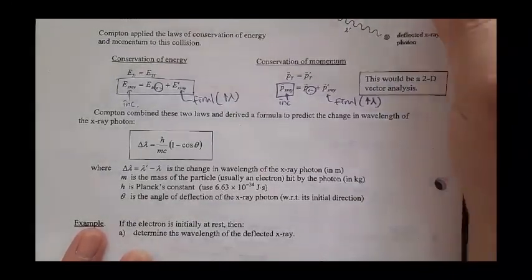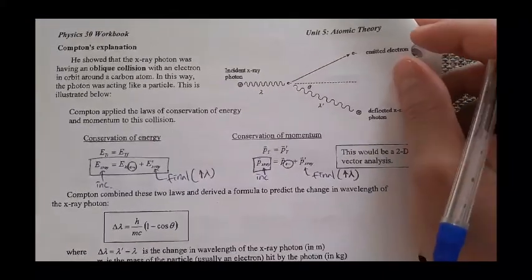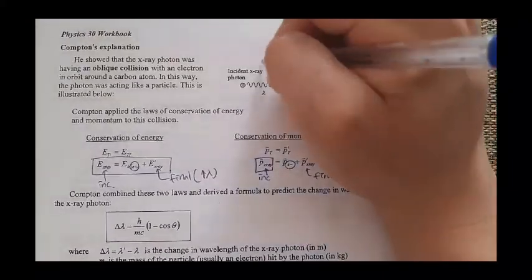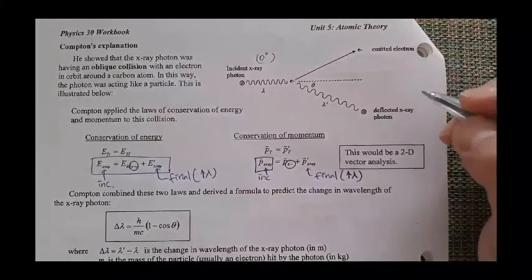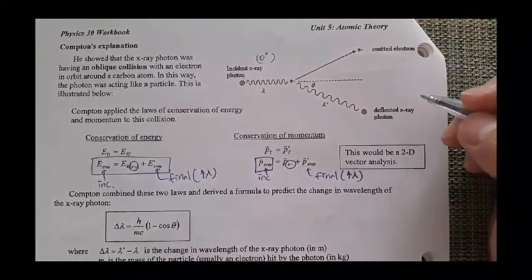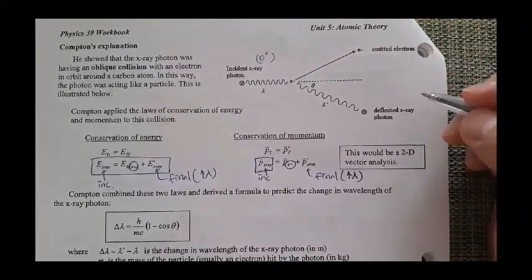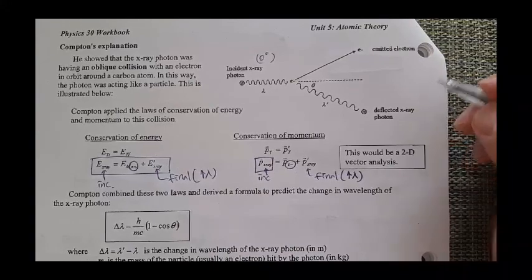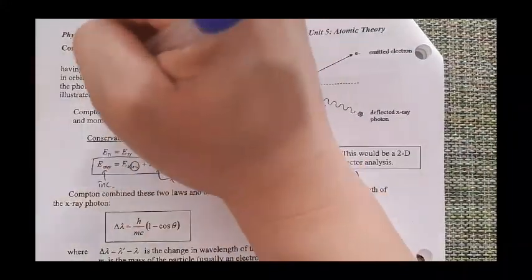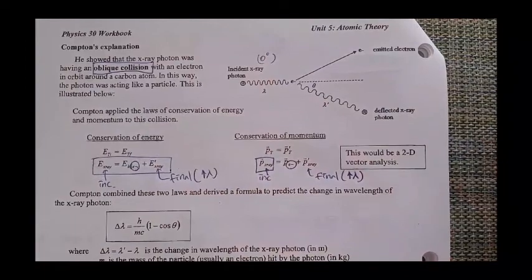So it is a two-dimensional situation. Although the incident energy is at 0 degrees when it encounters the foil, the X-ray photon has what we like to call an oblique collision with an electron in orbit around a carbon atom.